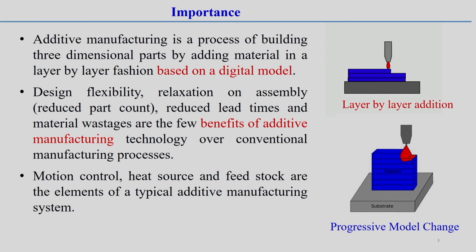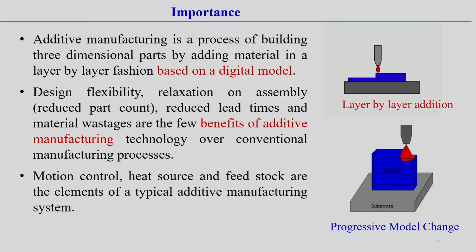Now, relaxation on the assembly, that means it can reduce the assembly work. If you want to make a very complex shape, the conventional process uses separate parts of the components and then assembles them one by one to get the actual product, but in additive manufacturing the assembly process can be reduced.